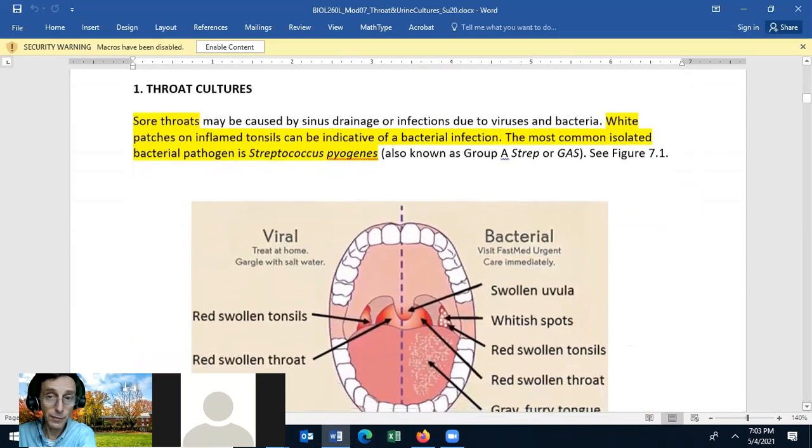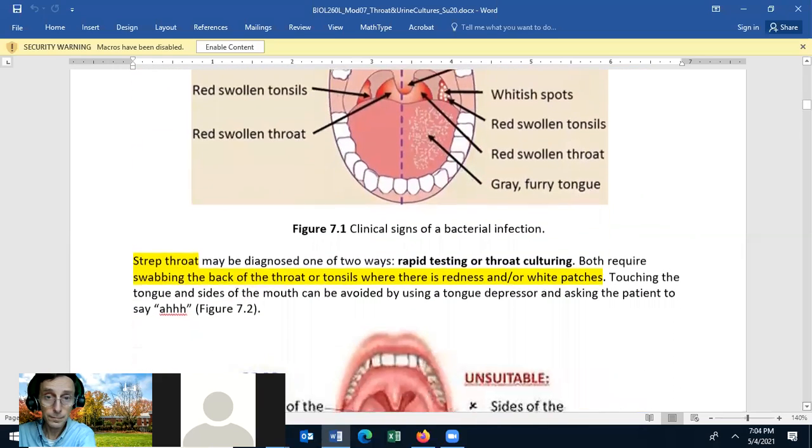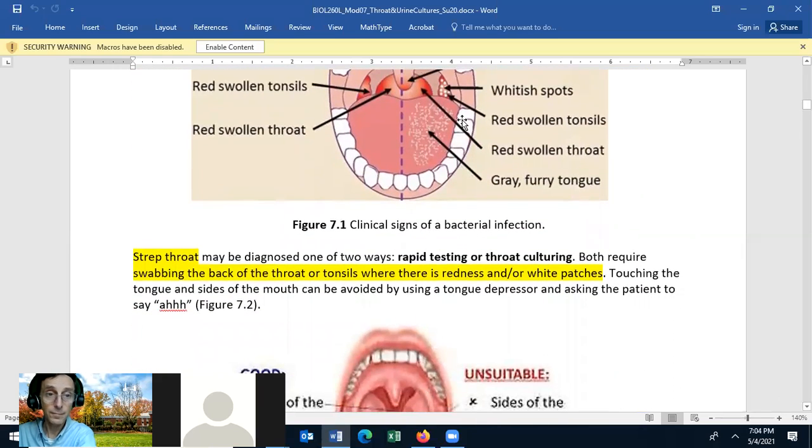Throat cultures. Sore throats can be caused by bacteria, in which case they'll have white patches on the tonsils and the back of the throat, usually caused by Streptococcus pyogenes, also known as group A strep. A picture of that.